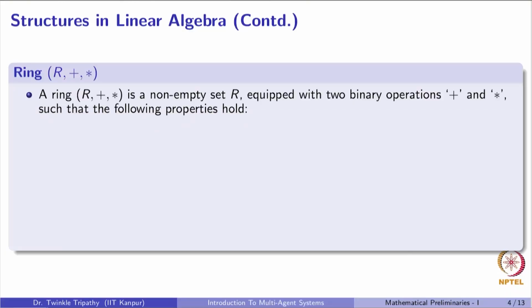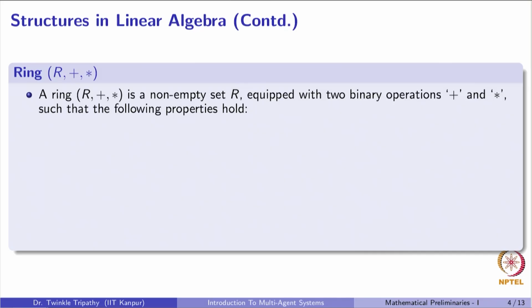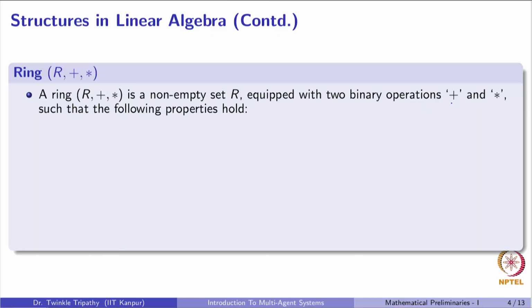Now, let us look at the next structure in linear algebra, which is that of a ring. So, what is a ring? A ring similarly is a non-empty set denoted by R. Now, unlike the group, it is equipped with two operations, which we denote as the addition and the multiplication. Again, these are just representations and could actually mean any operation.